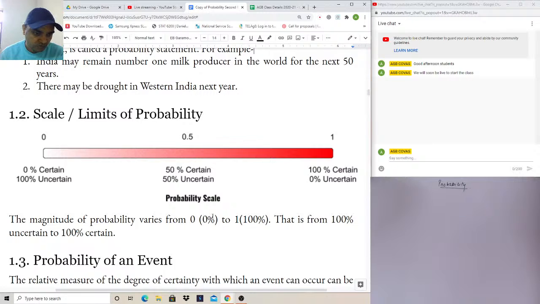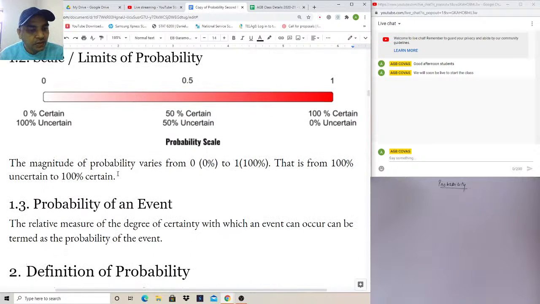So the magnitude of probability varies from 0, that is 0%, to 1, that is 100%. Whatever value of probability you get will be between 0 and 1.